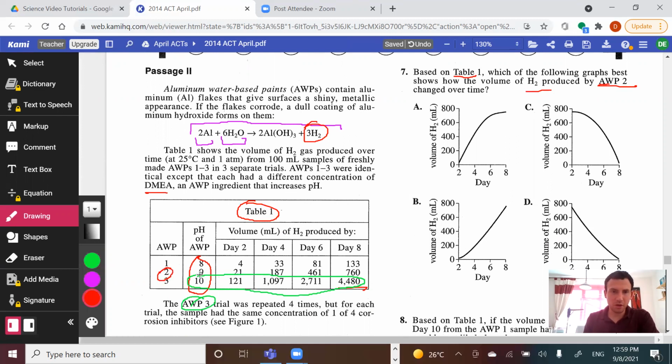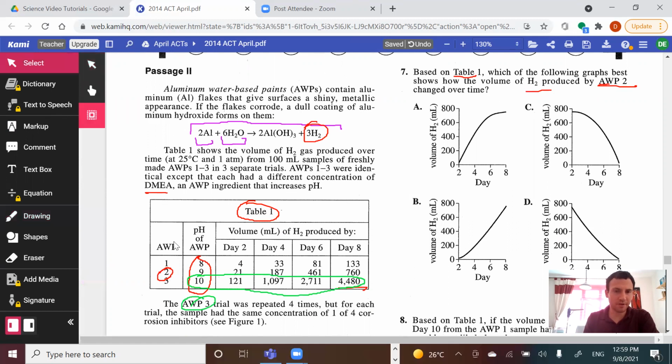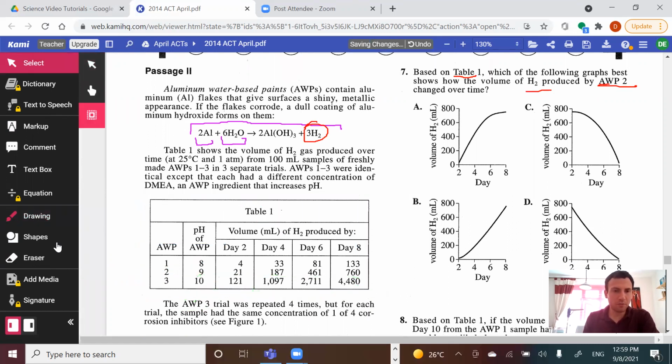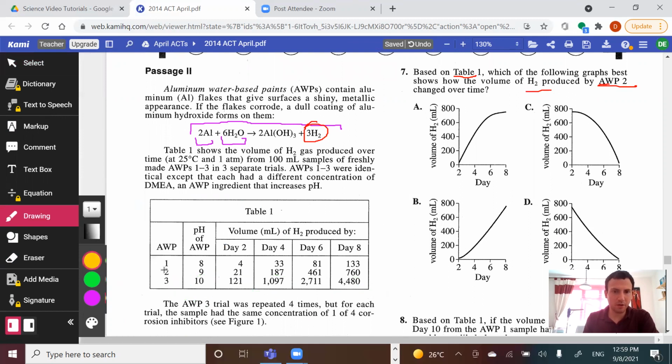And what we see over time, and let me actually get rid of a lot of the markings here because this could get confusing, is that the amount of H2 is increasing, and it seems to be increasing at an increasing amount, but the factor by which it's increasing is leveling off.